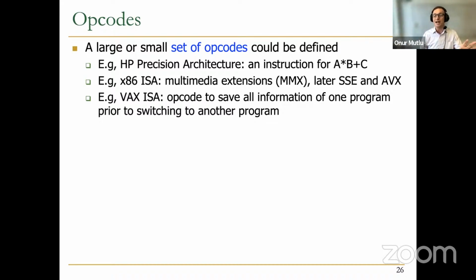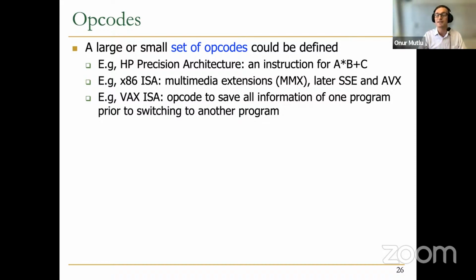So it also had the load context instruction. It would take the context, the architectural state of another program, and load it into the machine. So you can see that this one opcode can actually do a lot of powerful work. Even though it's a single instruction, it can potentially do hundreds of thousands of operations, right? To save things into memory and to load things from memory as well.